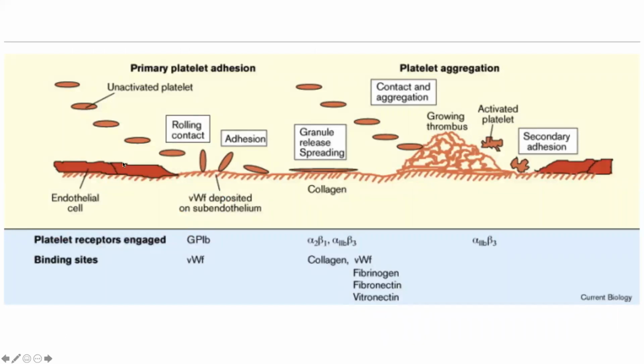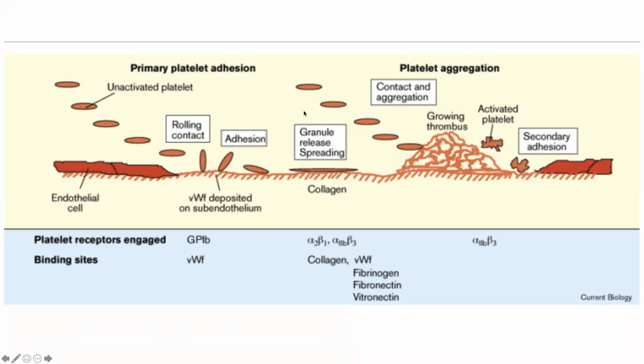And platelets, again, they are also floating in the blood. Once there is an injury, there will be exposure of the subendothelial factor, which is called von Willebrand factor, and von Willebrand factor is deposited on the subendothelial region, and that stimulates platelet adhesion on the capillary vessel.